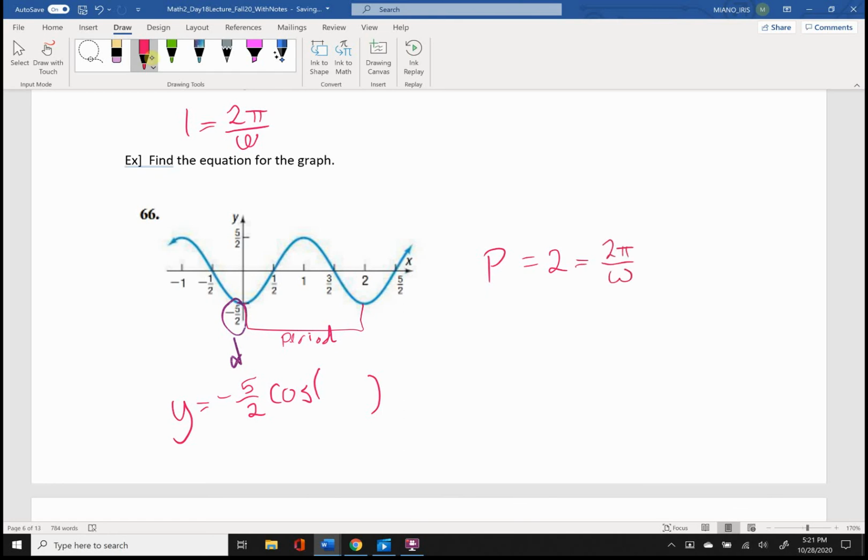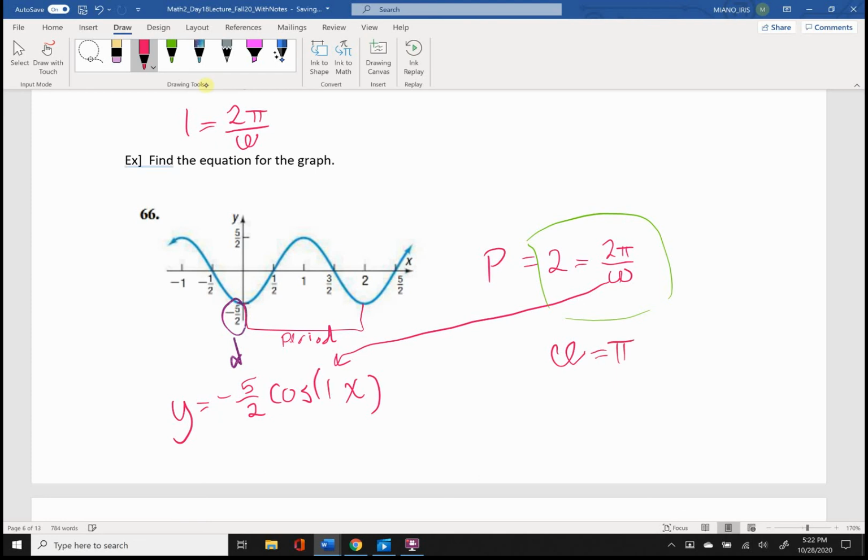I can solve for omega in order to figure out what the multiplier is in front of this x right here. That's going to be what I put right there. And looking at just this part of it, what does omega have to be in order to solve this equation? Well, it's got to be pi because it's got to cancel out with this pi up here. So that means omega equals pi.